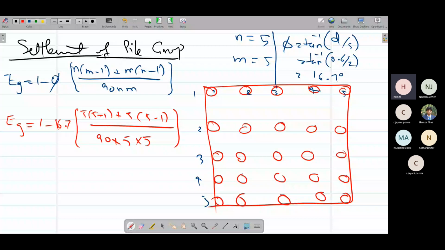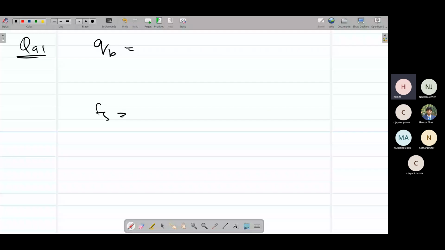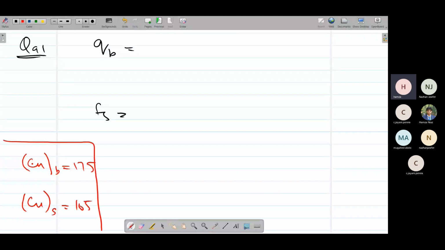They are saying that undrained shear strength at base is 175 and undrained shear strength over the length is 105. Undrained shear strength means this is clay strata. So the Cu value at base is 175, and the Cu value at shaft is 105.